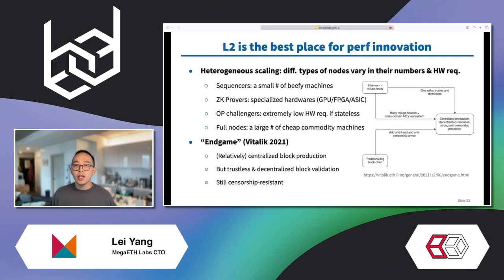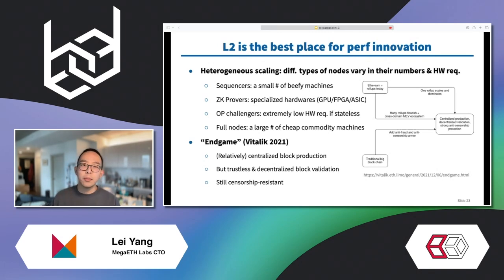That is, there can be different types of nodes that vary significantly in their numbers and hardware requirements. For example, at layer 2, you only need a few sequencers, so you can afford to run them all on very beefy machines like we used for our experiments. And if you're doing ZK rollups, then the prover nodes can run on specialized hardware like ASIC or GPU to speed up ZK proof generation.